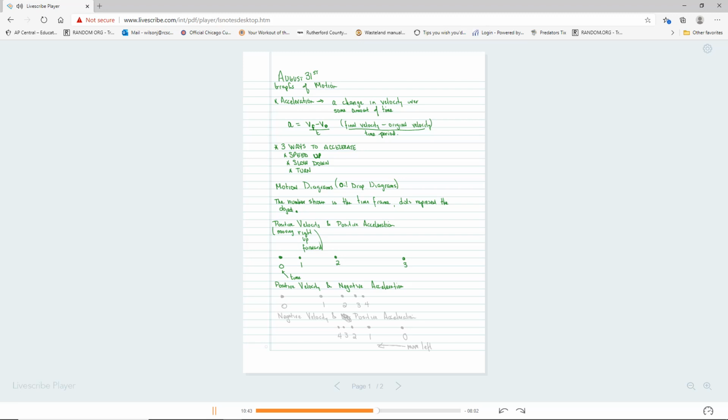I still have to move to the right. But my speed needs to go down. So I need to slow down. So in this case, I'd start at 0, and I'd have a big gap, then a smaller gap, then a smaller gap, then a smaller gap. I'm going to the right, but I'm slowing down.